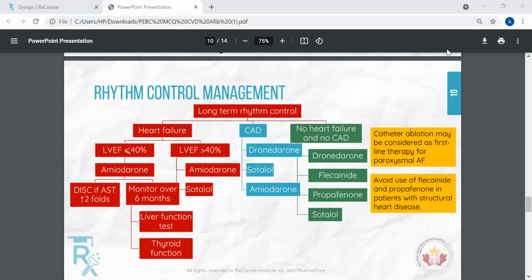Okay. So now, what if the patient has congestive heart failure, like a patient has heart failure and atrial fibrillation?